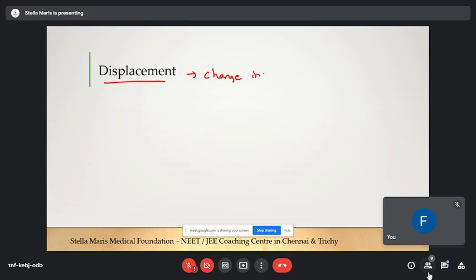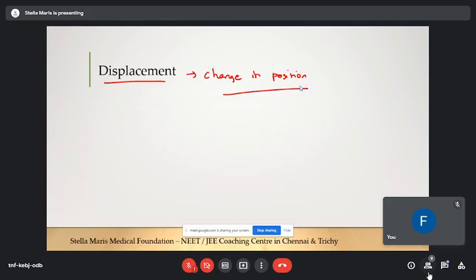Distance is always positive. What about displacement? It can be positive, negative, and even zero. It can have a null value also.